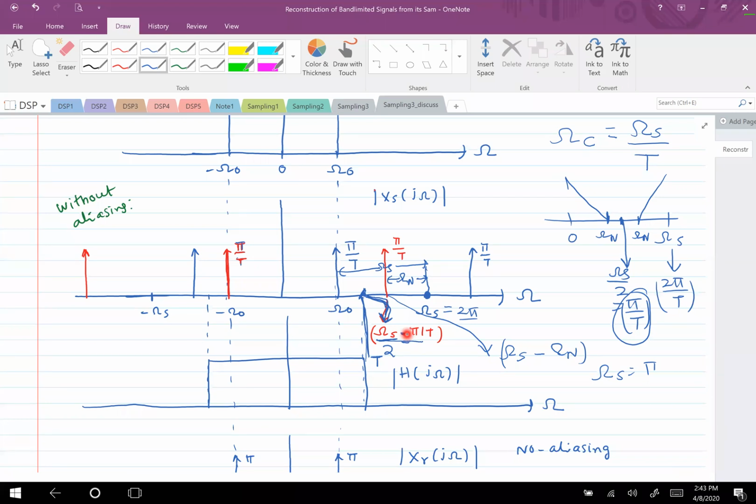So the whole thing is 2 pi by T, and the cutoff frequency is at pi by T. This, if I have to write, is equal to 2 pi by T. Is that clear, or is there still some confusion here? No, sir, it's clear. Okay, good. That's a good point.